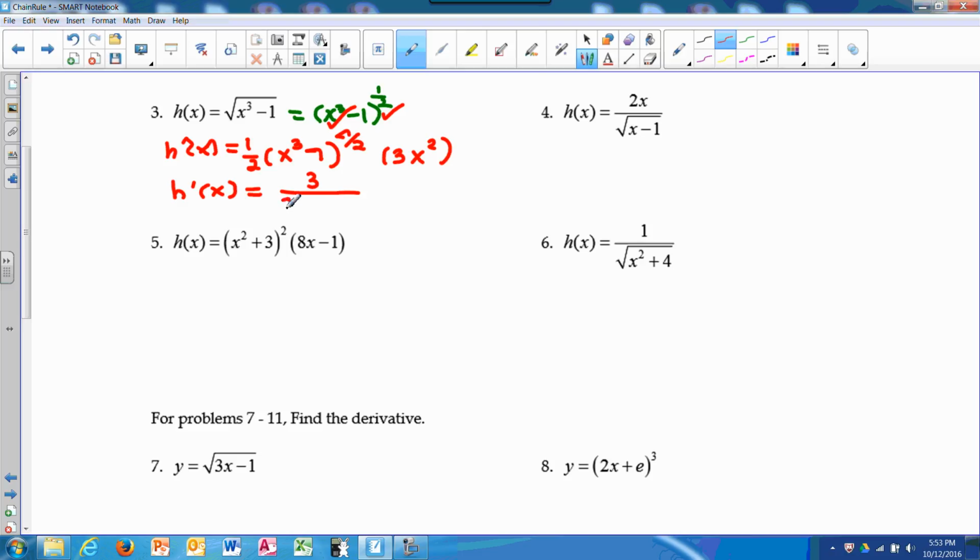Again, that would have been my free response answer, but just to practice our algebra, 1/2 times 3, 3/2. The x squared is not a negative power, it belongs on the numerator. The x cubed minus 1 is raised to the negative 1/2 power, so that belongs in the denominator, like so.